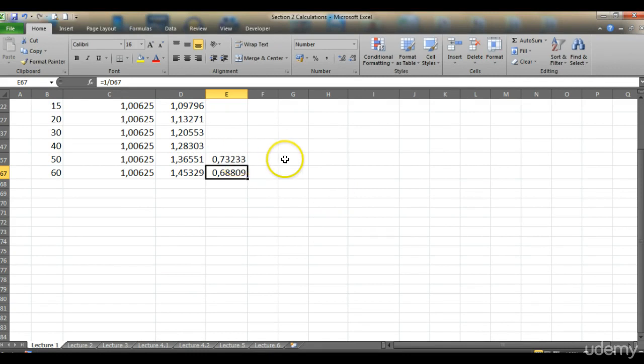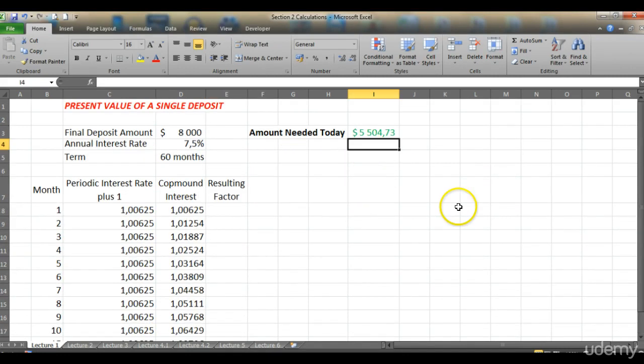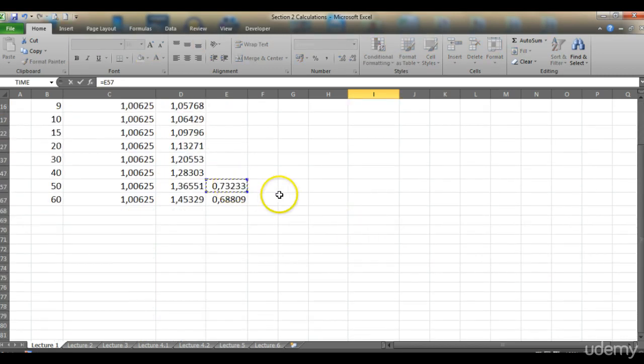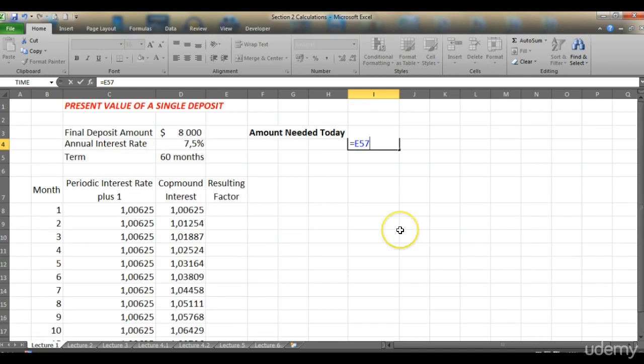Okay, and afterwards, let's just enter it here. We should multiply the resulting factor, in this case 0.73233, by the final deposit amount we need, and we will receive here the amount needed today. It's 5,859.